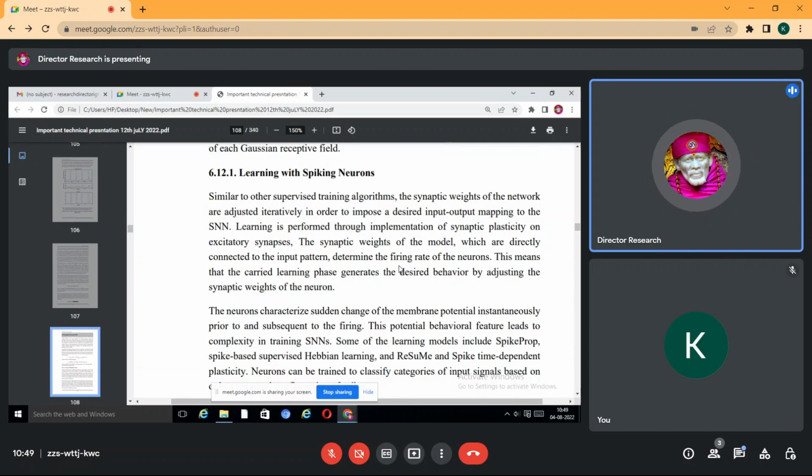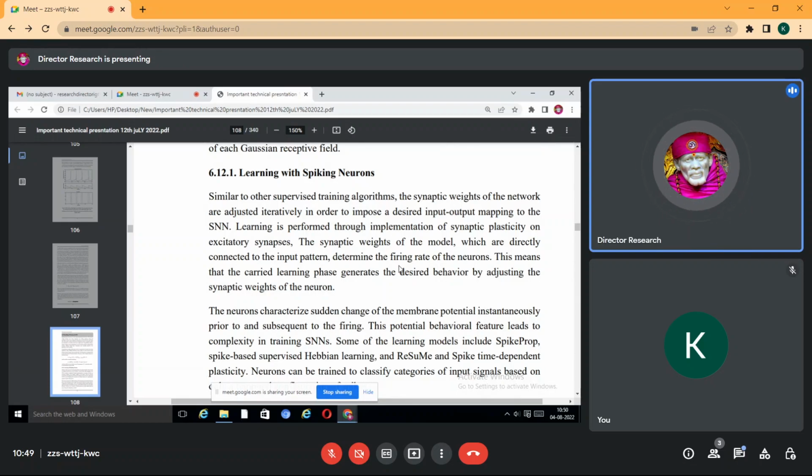Learning is performed through synaptic plasticity. The synaptic weights, which are directly connected to the input pattern, determine the firing rate of the neurons. This means the learning phase generates the desired behavior by adjusting the synaptic weights of the neuron.